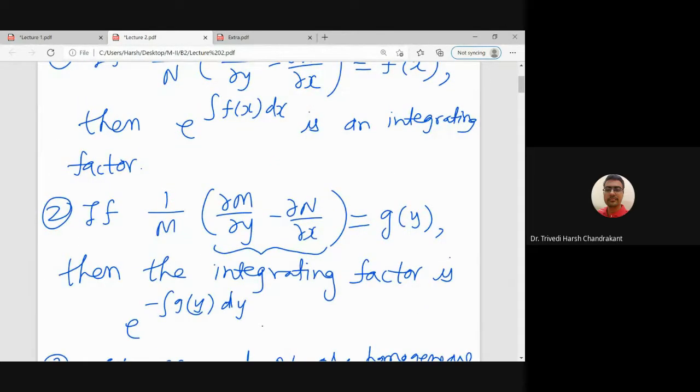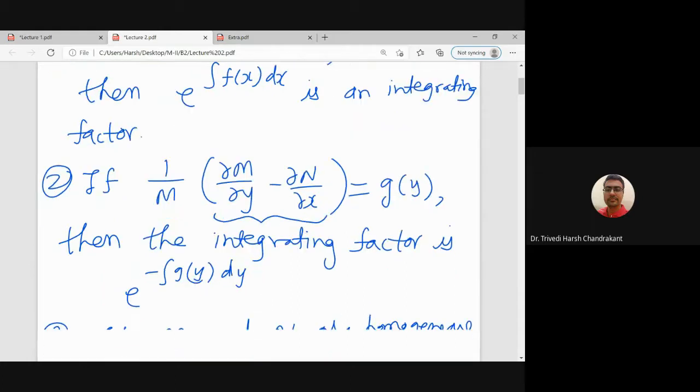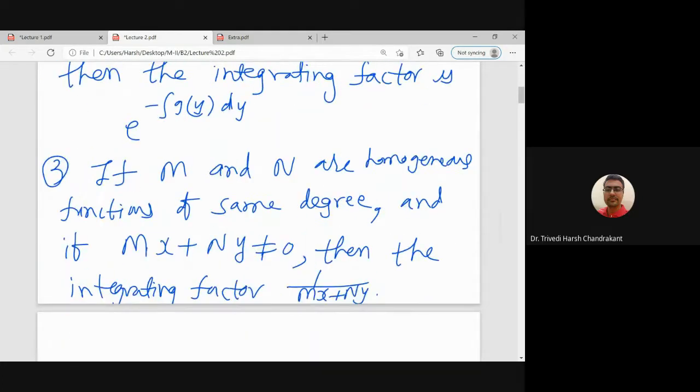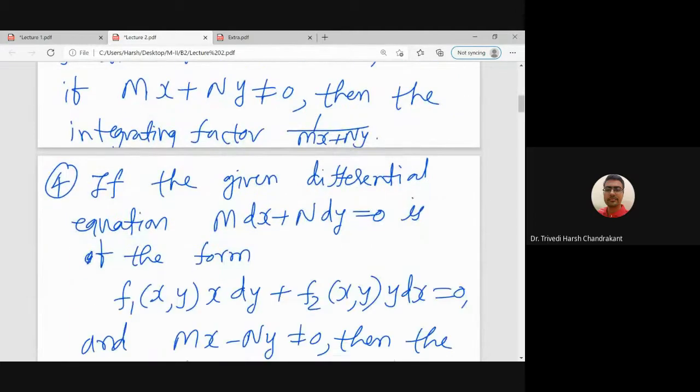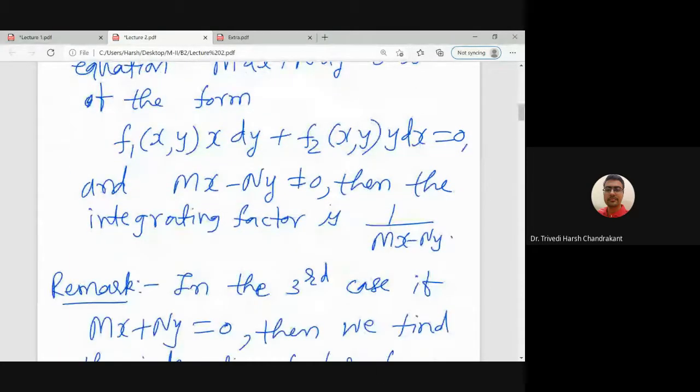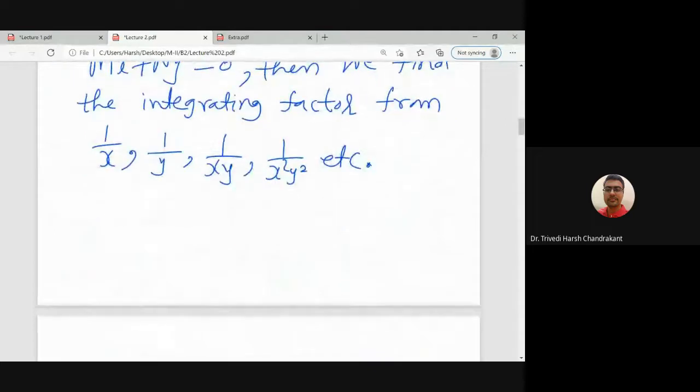But we'll divide by M here, and that should be a function of y. If it is a function of y, we'll get the integrating factor to be this function. If it is not a function of y, then the second method will not be applicable. We will go check the third or fourth method. Right. So that is the way of applying all these methods for the first order differential equation.